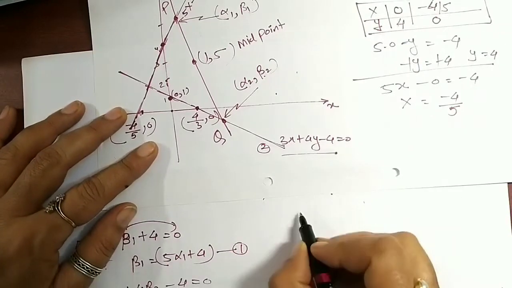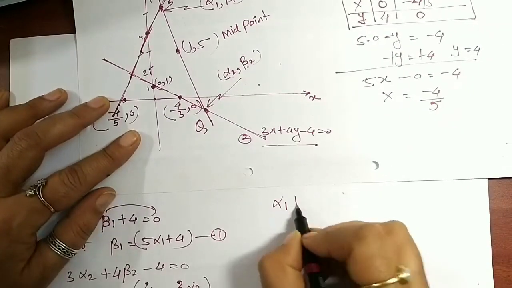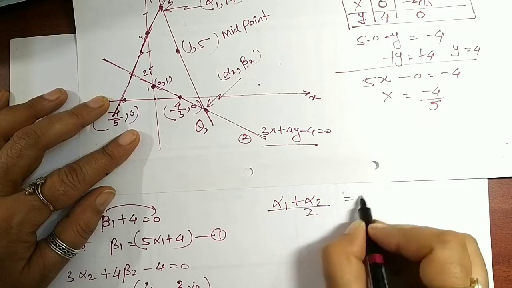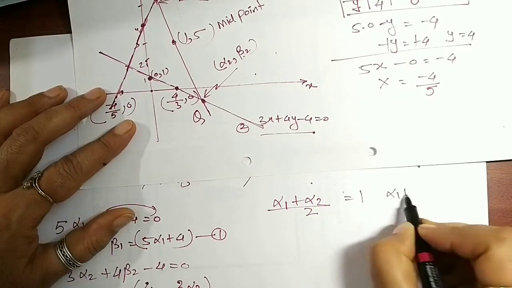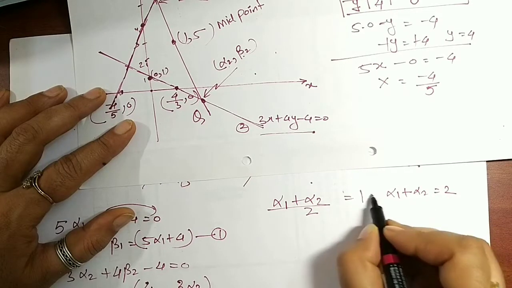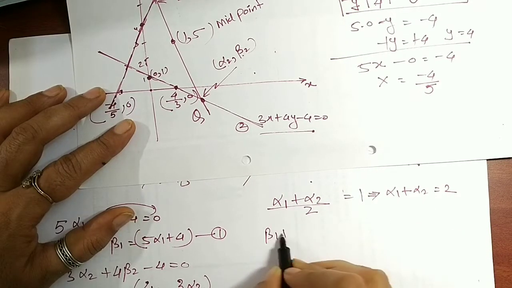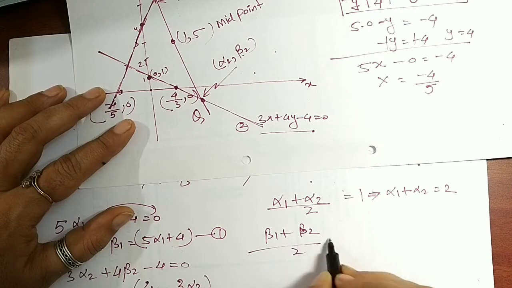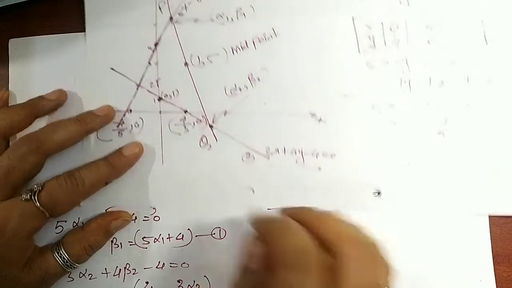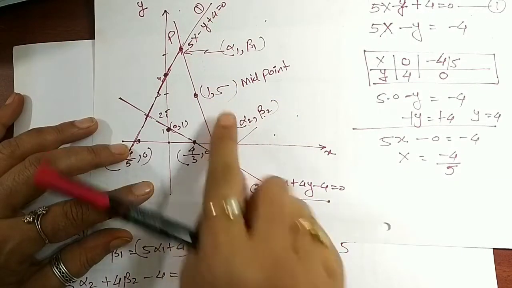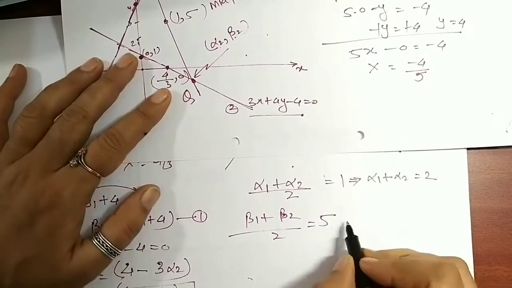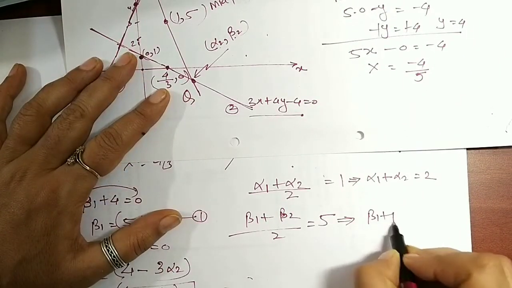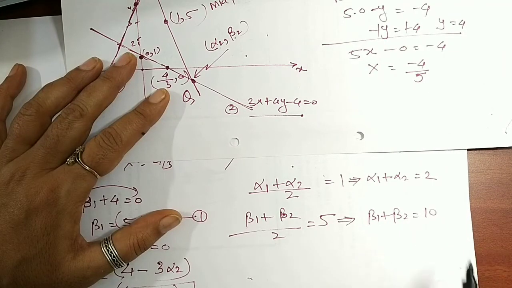What equation am I getting? That (alpha 1 plus alpha 2) by 2 is 1, which I can say alpha 1 plus alpha 2 is 2. Here (beta 1 plus beta 2) by 2 is 5, because it is the second coordinate, which is 5. So I can write beta 1 plus beta 2 is 10.